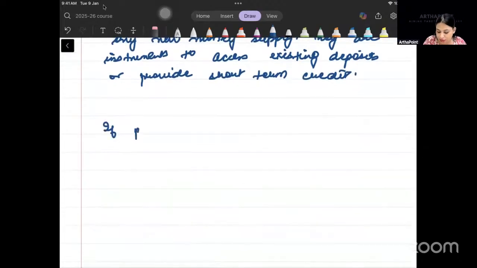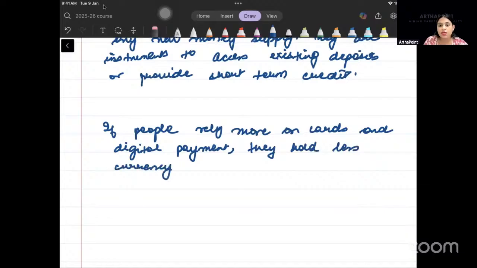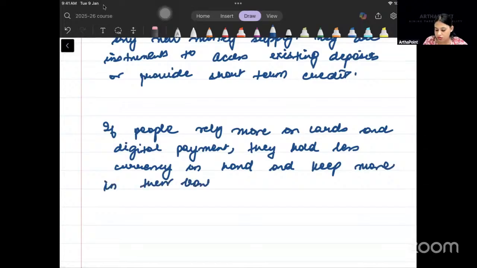So if people rely more on cards and digital payment, they hold less currency in hand and keep more in their bank deposits.